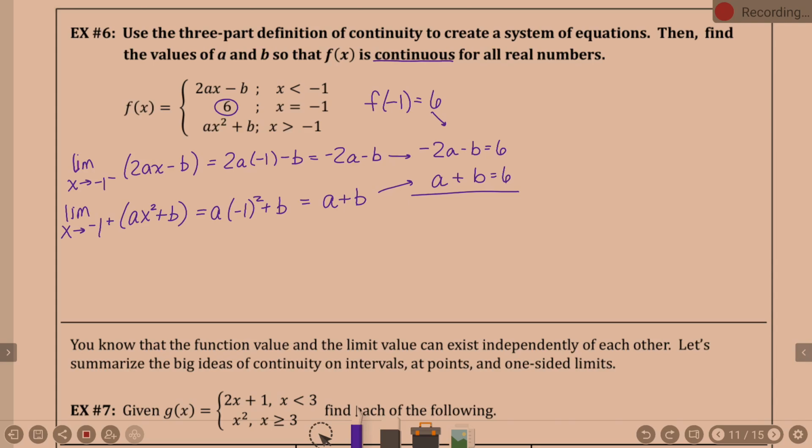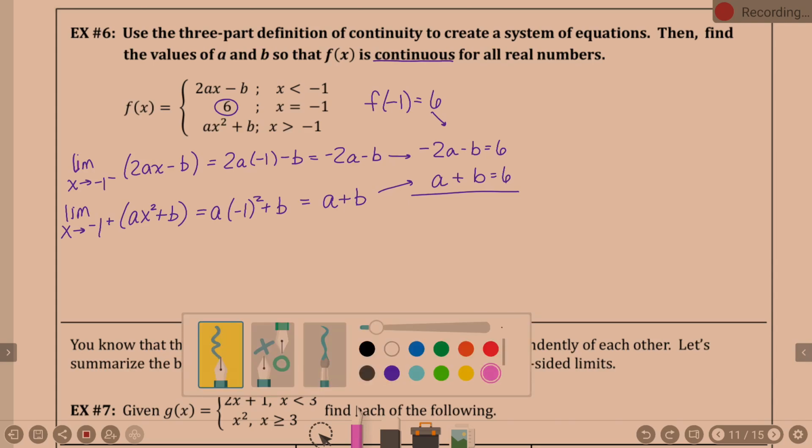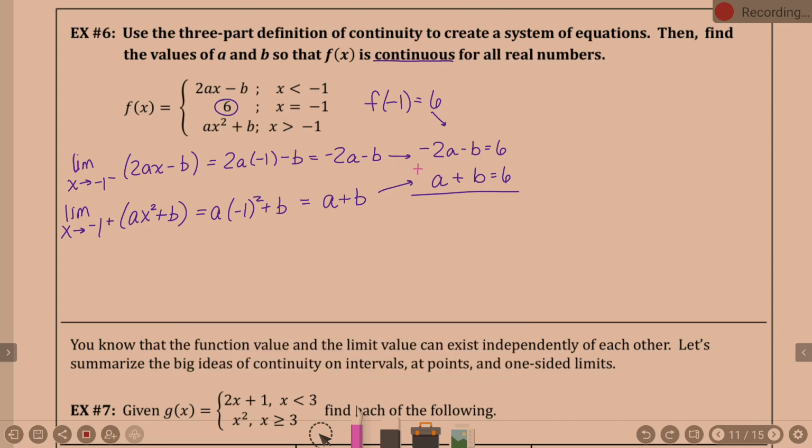My b's already have opposite signs, so what could I do? -2a plus a, -b plus b, cancel. 6 plus 6? 12. Remember elimination? I just added like terms. If negative a equals 12, then a is negative 12.